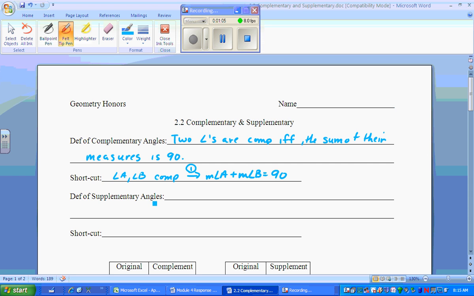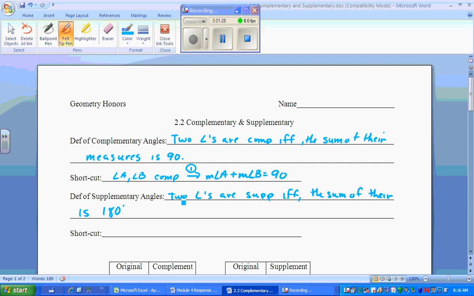Let's switch gears to supplementary. Two angles are supplementary if and only if the sum of their measures is 180. So that's right, 180 degrees, causing you to have a straight line.